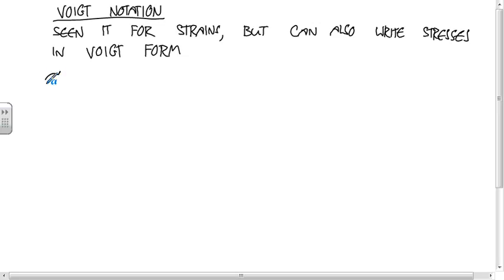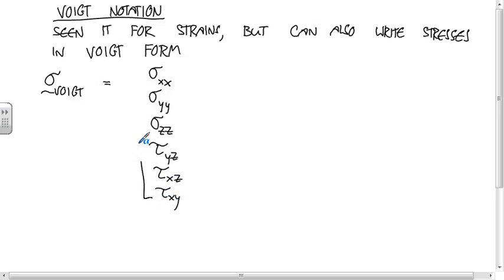So the Voigt stress looks like this. The three normal stresses, followed by the three shear stresses in that funny order, YZ, XZ, XY. Okay?